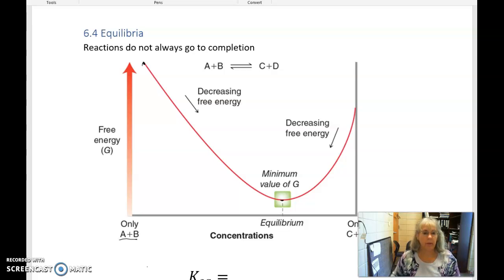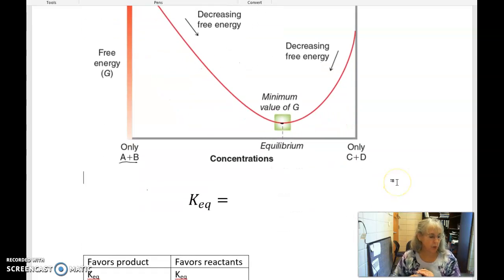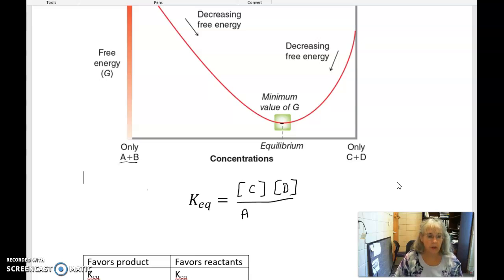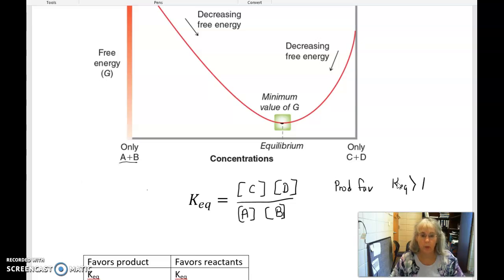The chemical equilibrium is equal to the concentration of C times the concentration of D divided by the concentrations of our reactants A and B. Now, when the products are favored, the chemical equilibrium is going to be greater than 1 because you have more products than you have reactants.